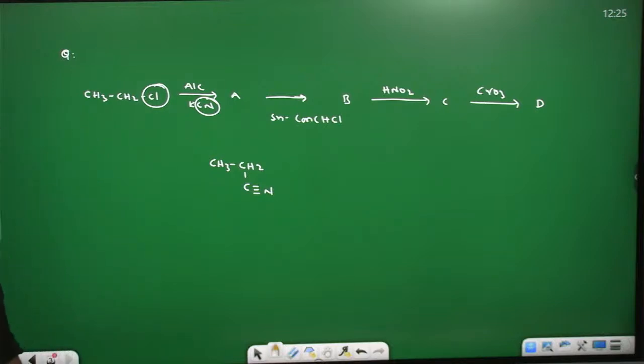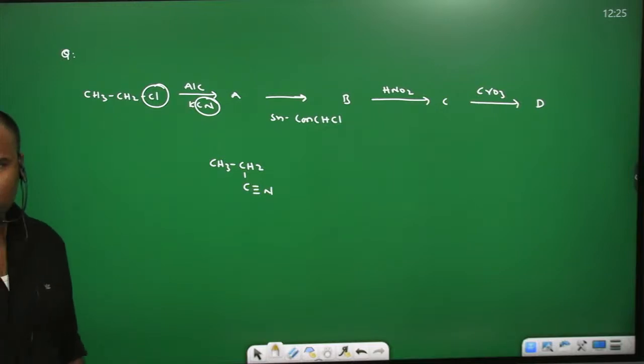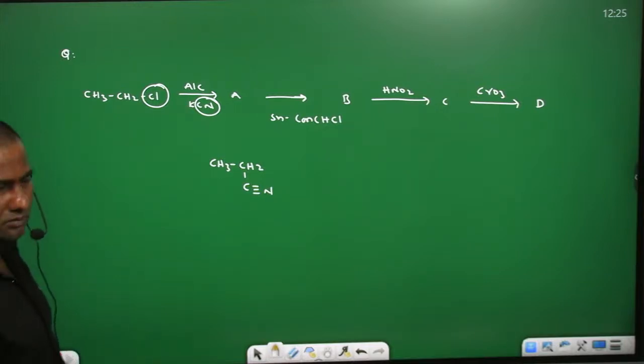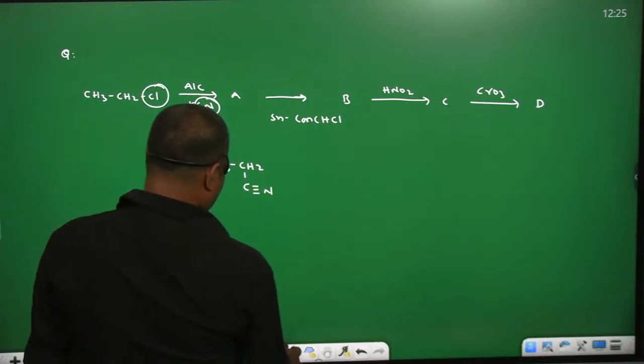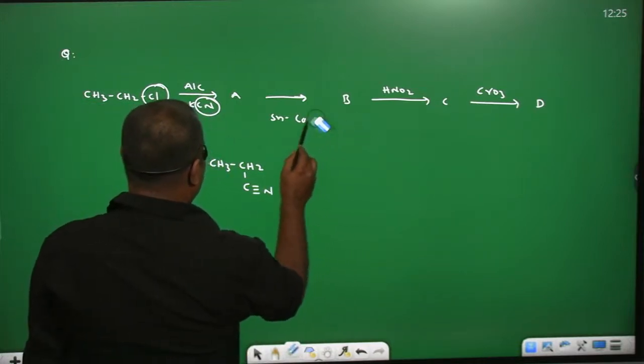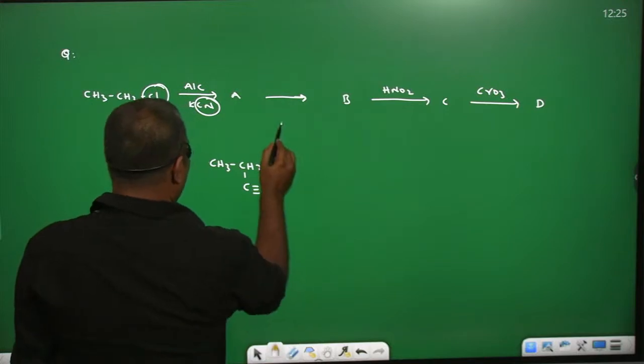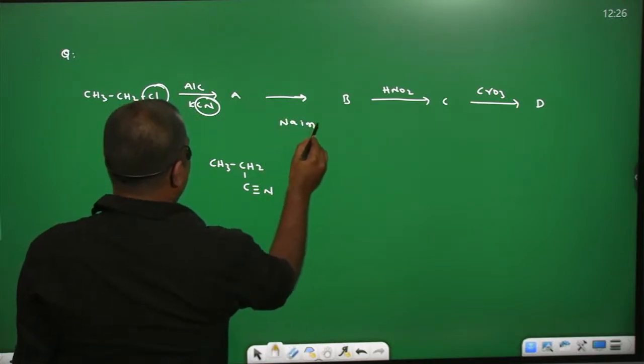Tin in presence of concentrated HCl, what will we get? You can use sodium in ethyl alcohol.